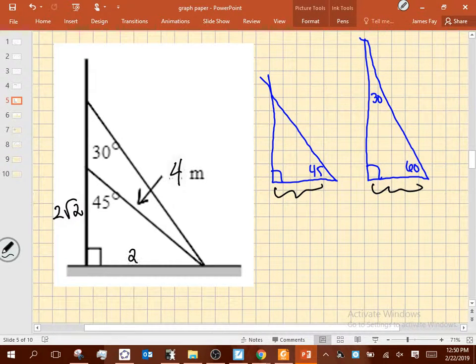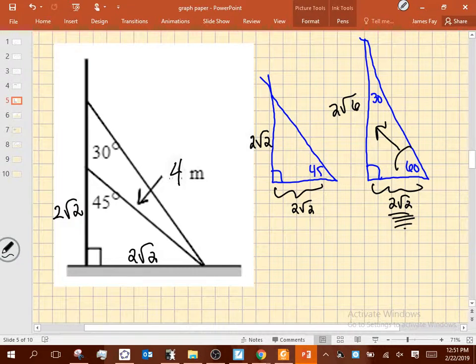Okay, so 2 radical 2. This distance here would be 2 radical 2, right? Now across from 60 would be your n times radical 3. Well, this is my n for this 30, 60, 90. Multiply that by radical 3, you get 2 radical 6, right?